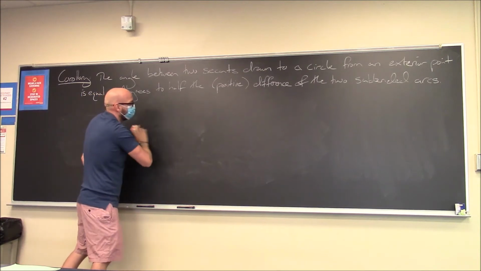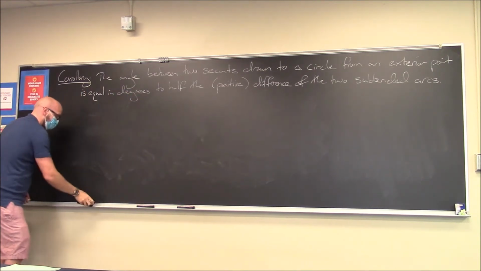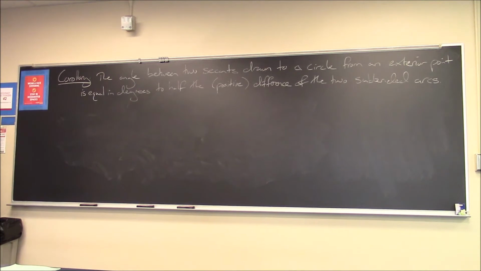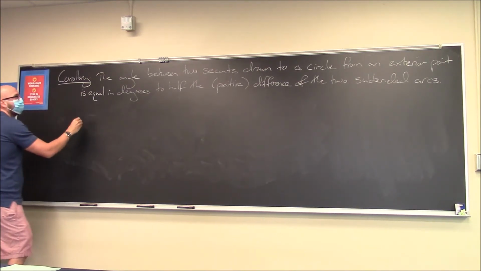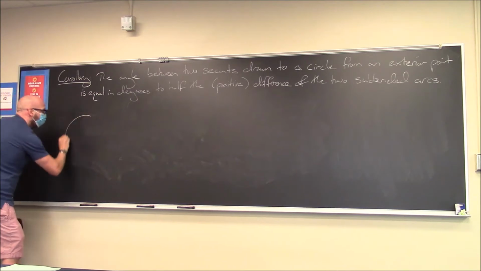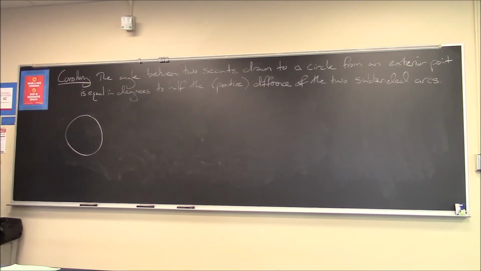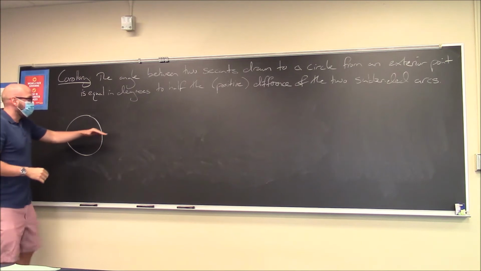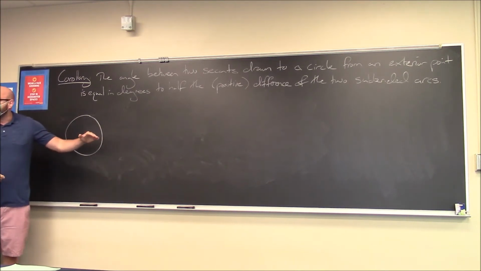Didn't prove it, still not going to find time to prove it today, but it's proven in the text if you want to give it a read. And we were going through several corollaries. So here's the one we have now. This corollary says if I have two secants. So what's a secant? A secant is just a line that passes through 2 points in the circle.